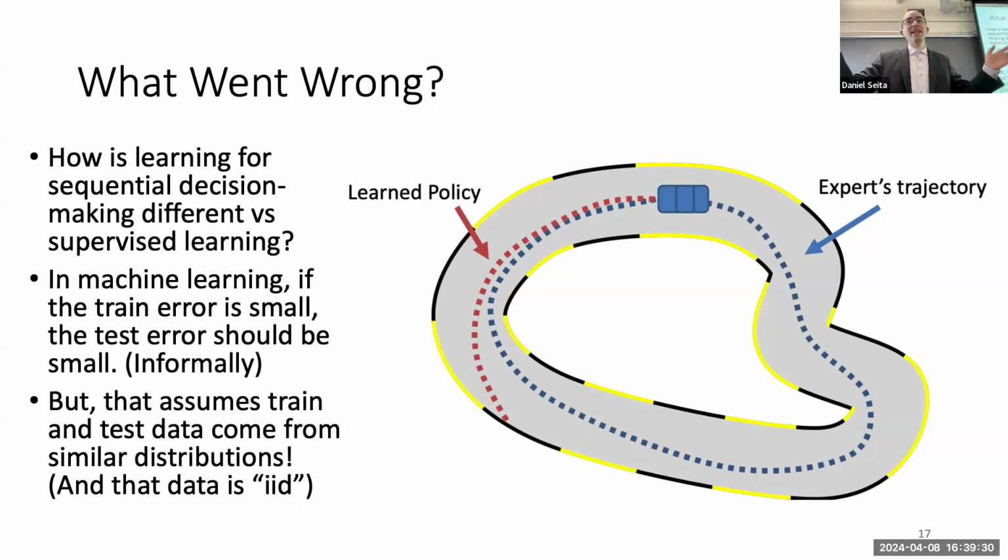And when you have correlated data, it breaks some assumptions made in the traditional machine learning context, where, informally, and I'm glossing over a lot of details just to make the presentation clear, you can assume that if your train error is small, then the test error is also going to be small. But that assumes that the train and test data come from the same distribution.